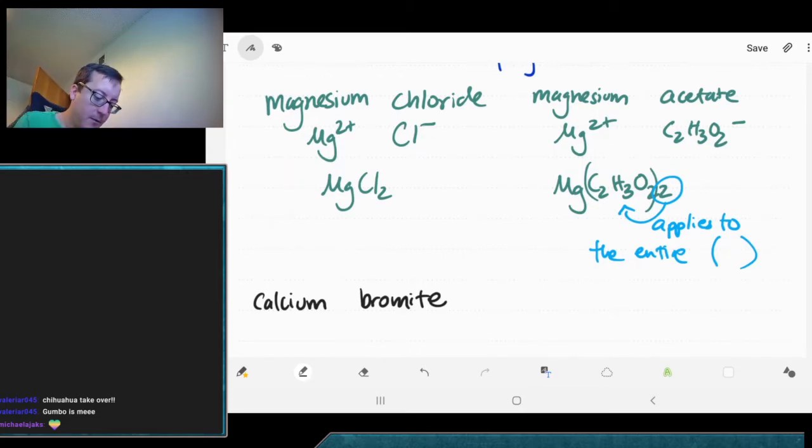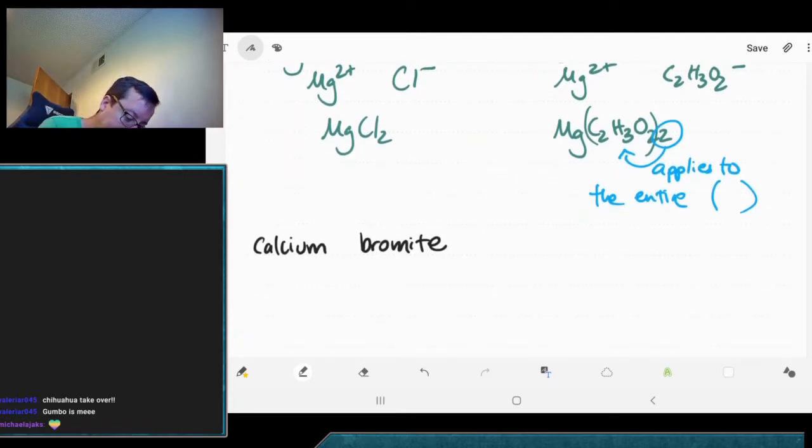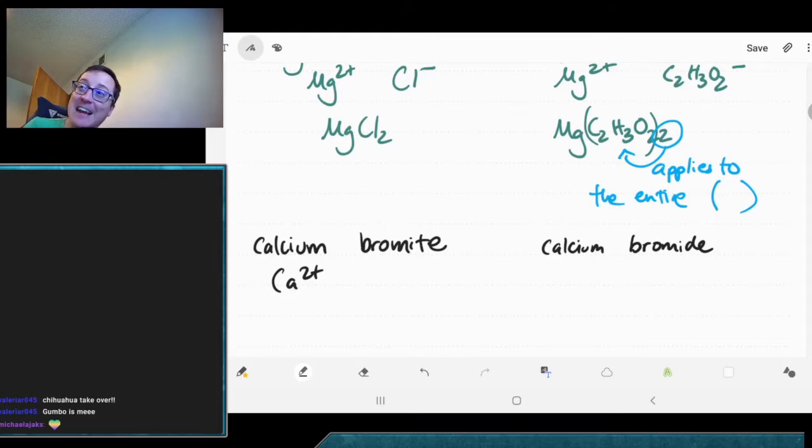Okay, calcium, easy, Ca2+. Bromide, we have to think about. Remember, we have different endings for these. Compare this with calcium bromate. Remember, ide, I-D-E, refers to the negative simple anion. So that's Br minus.